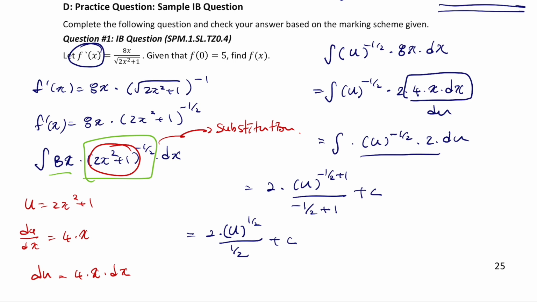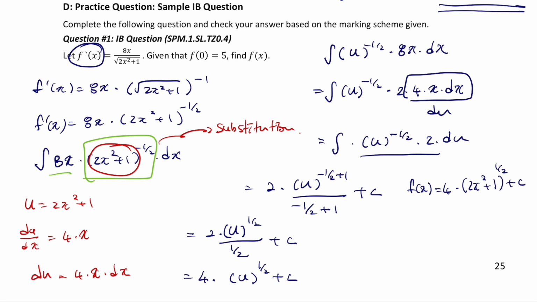And when you simplify 2 over 1 over 2, this becomes 4 times u to the power of 1 over 2 plus c. And we know that u is the same as 2x squared plus 1. So we can substitute that into the equation. So f of x is equal to 4 times (2x squared plus 1) to the power of 1 over 2 plus c.